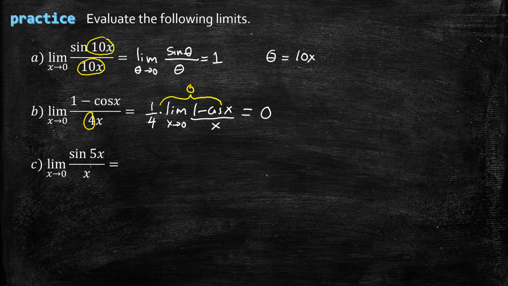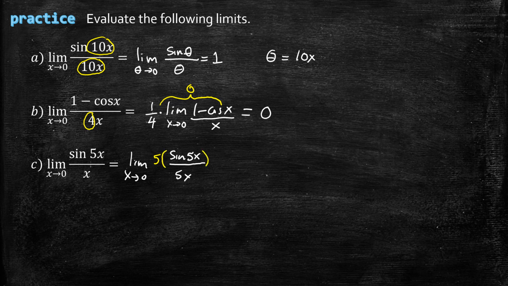So how about this one? Sine 5x over x. It looks very similar to what we have in part A, except notice that there's a 5 missing from the denominator. So we're going to do a little bit of an algebraic manipulation. We need a 5x on the bottom, so we need a 5 there to be able to employ our limits. Well, to get a 5 there, we really have to compensate for that 5 on the denominator by multiplying by 5.